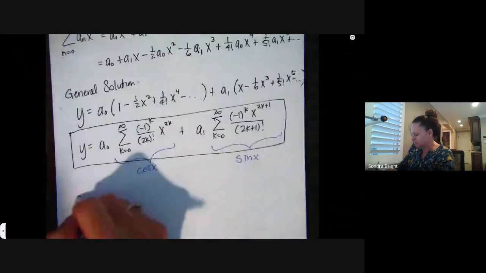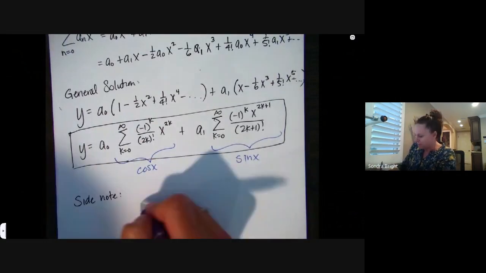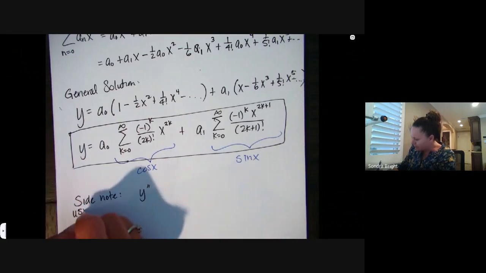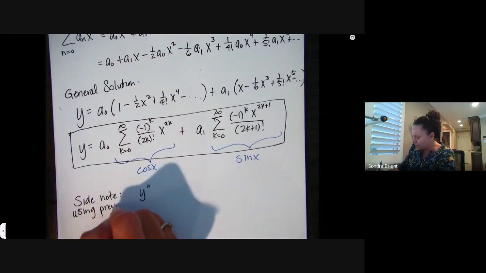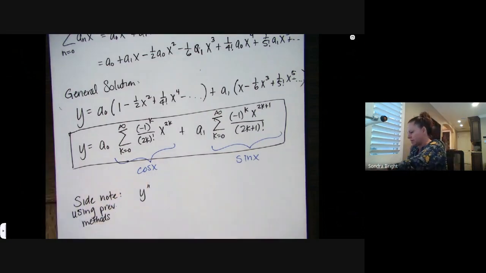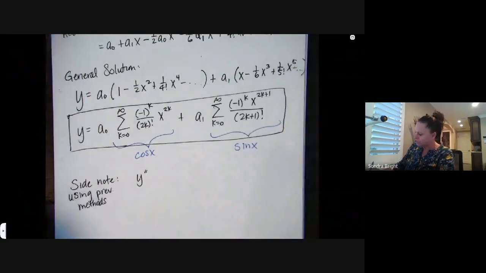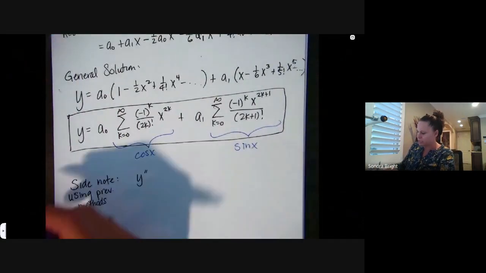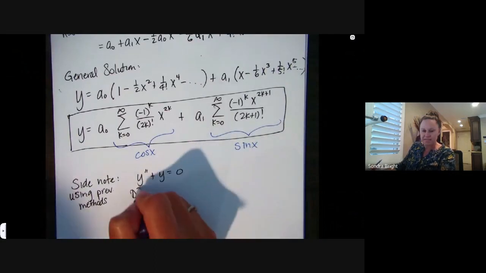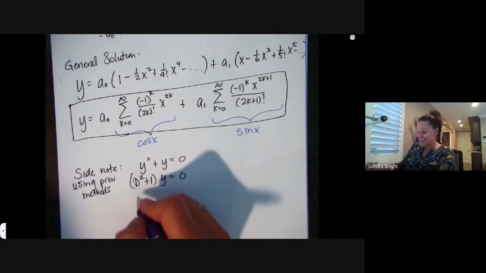As a side note, today's method is that we're using series, the power series. But when you solved this in previous chapters, this was D squared plus 1 operating on y is 0, where your r is plus or minus i.